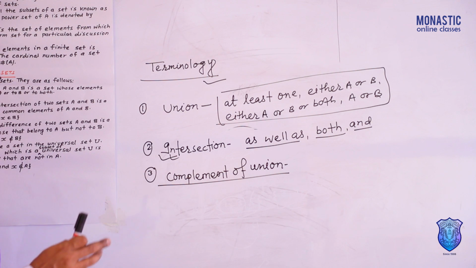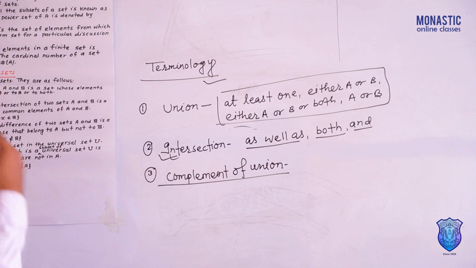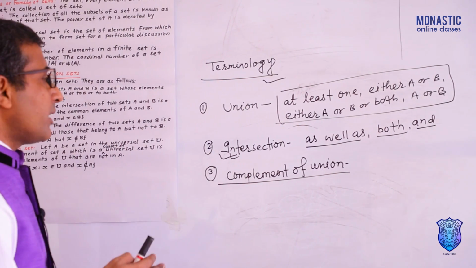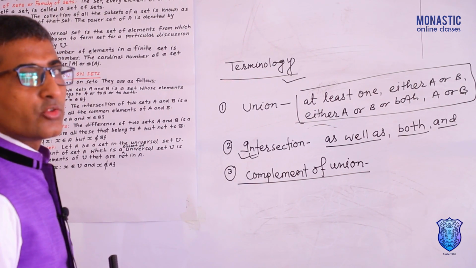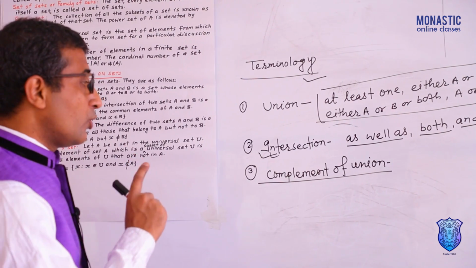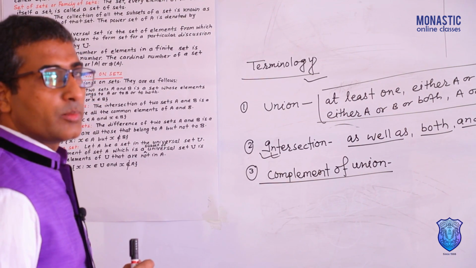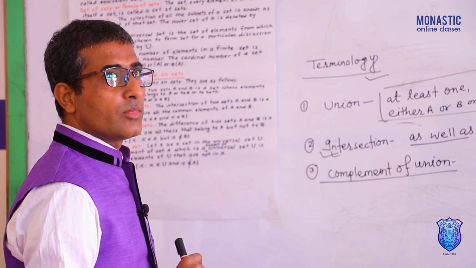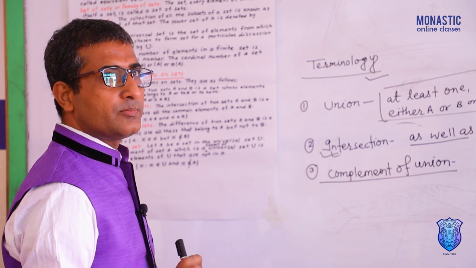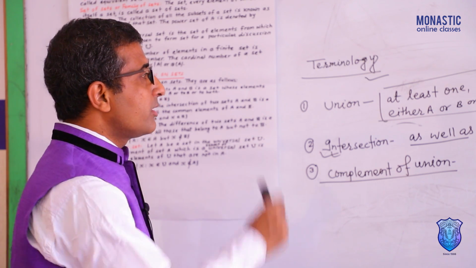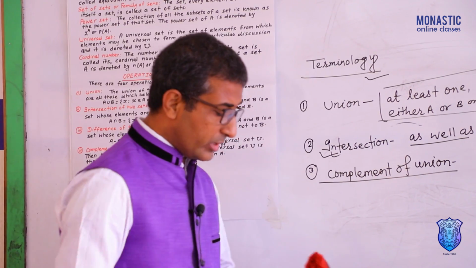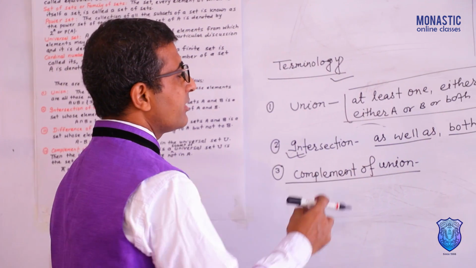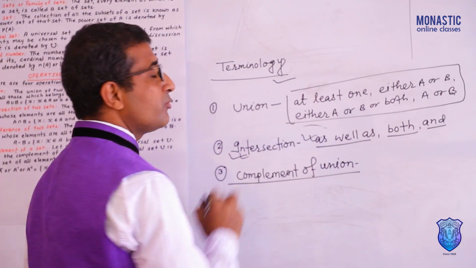But when the question is about failed students, then its opposite will be pass, and pass students will be the complement of union. So the first thing we have to remember is that the negative sense will come. For pass it will be fail. The words we have already used for intersection, such as as well as, give the positive meaning.